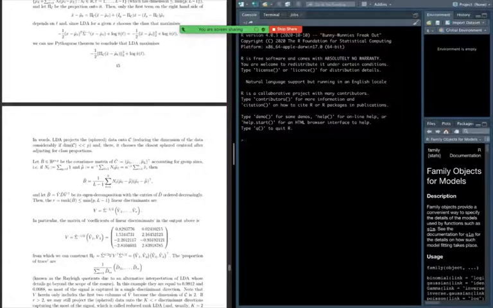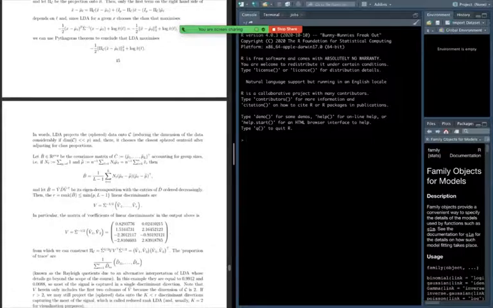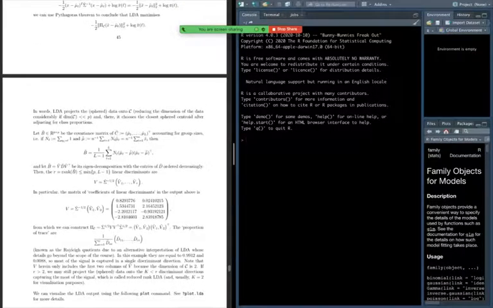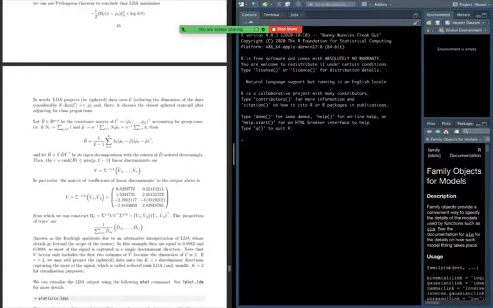So, is the V tilde a bit clearer? Because after all, V is just V tilde, but accounting for the sphering, right?